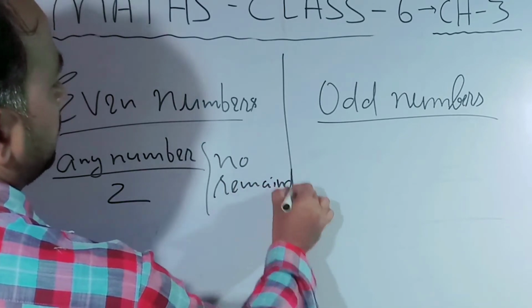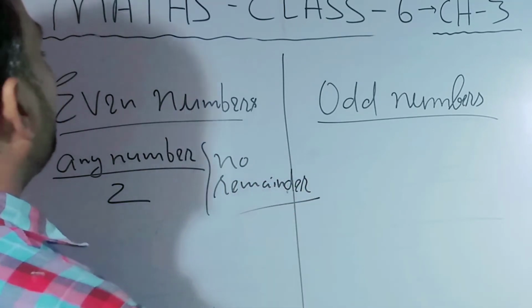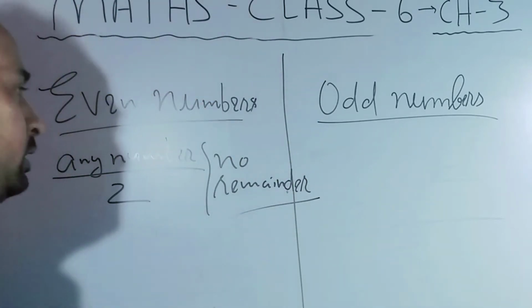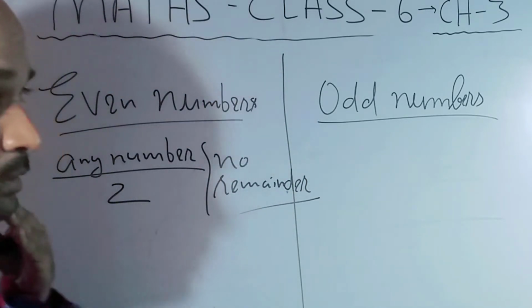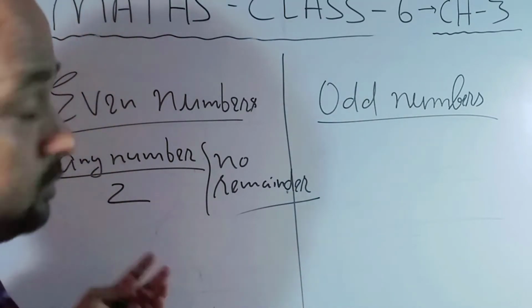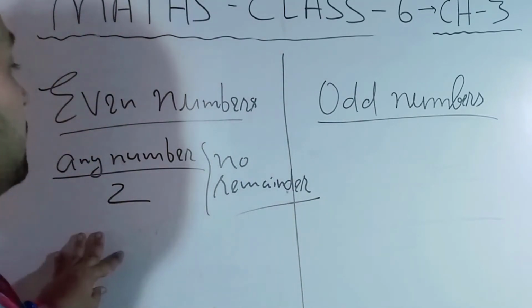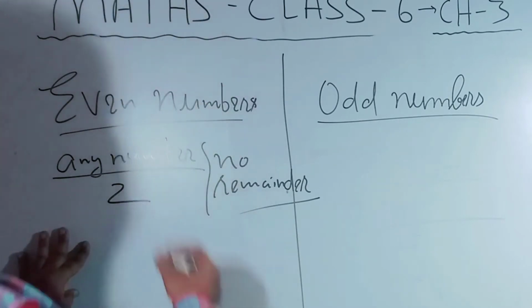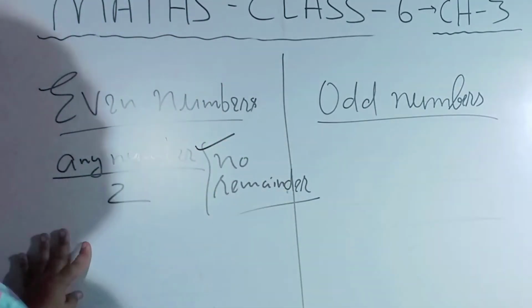there will not be any remainder after dividing, so that number is called an even number.